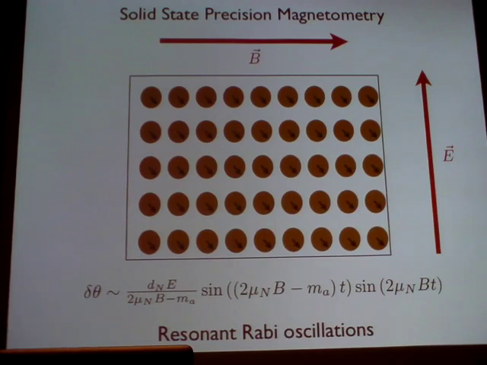Yeah. If it's a static EDM, the spin, the dipole will precess, as long as the EDM is not parallel with the external field. Right, or orthogonal. Well, general direction. As long as the EDM is not parallel to the field, it will precess.